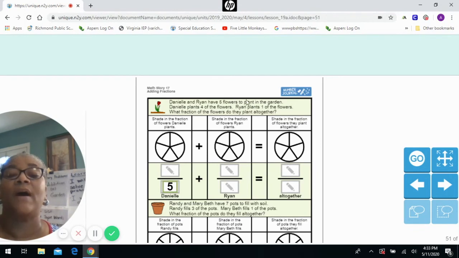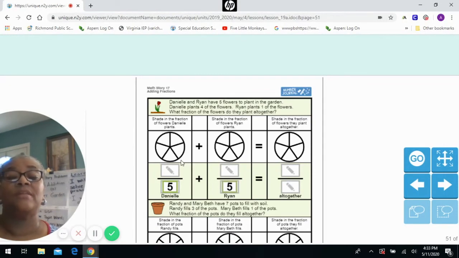So they have 5 flowers in the garden. So we're working with the same denominator. So we can go on and put that denominator there, because with the same denominator, we just keep that denominator.